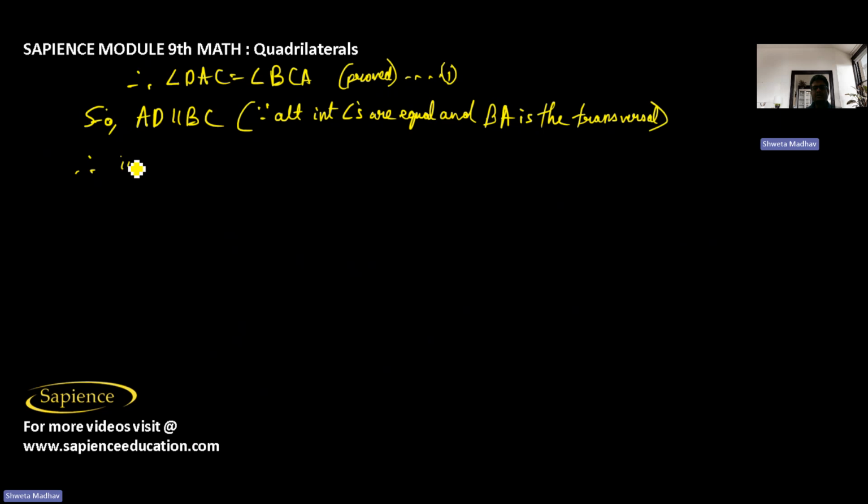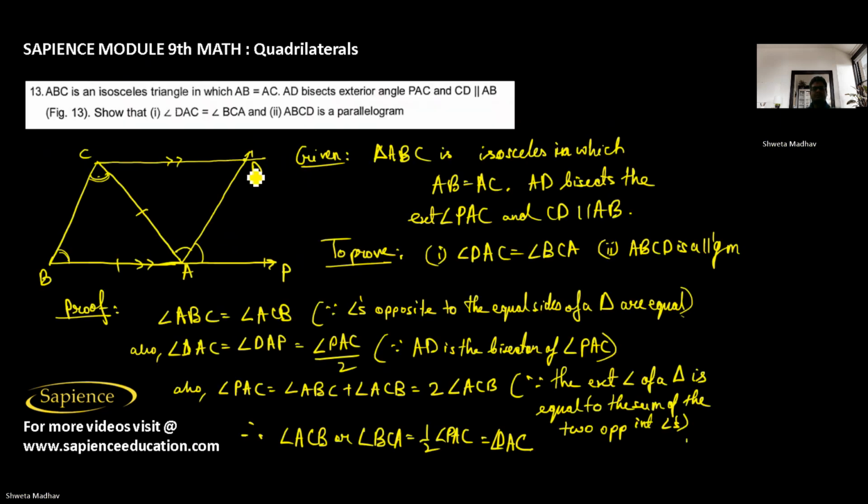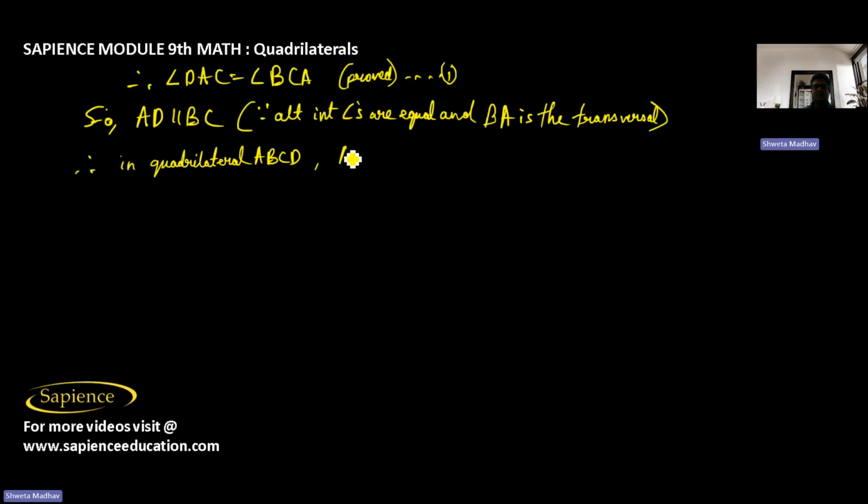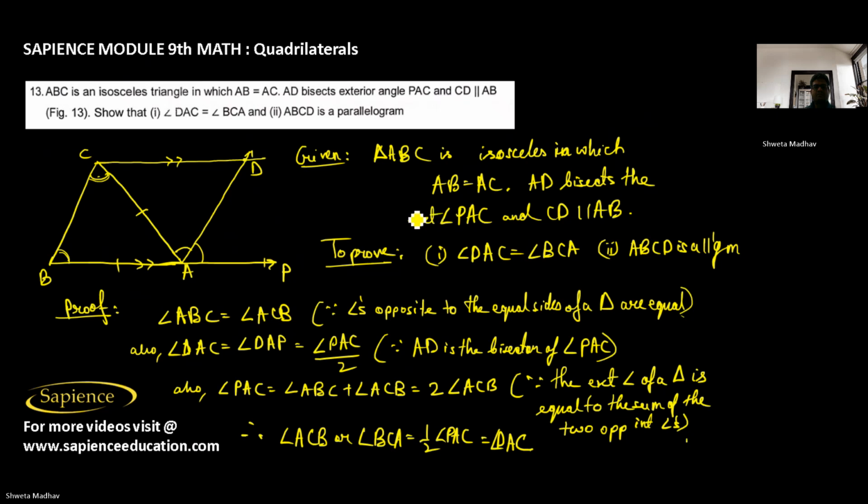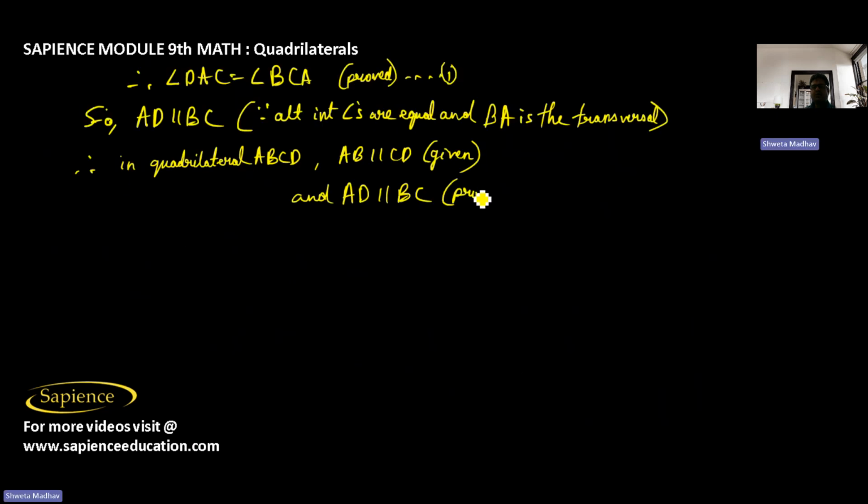Therefore, you can say that in quadrilateral ABCD, AB is parallel to CD, which is given, and AD is also parallel to BC, which is proved above.